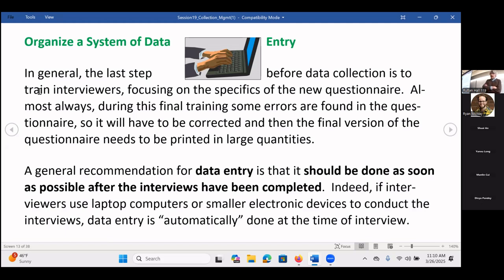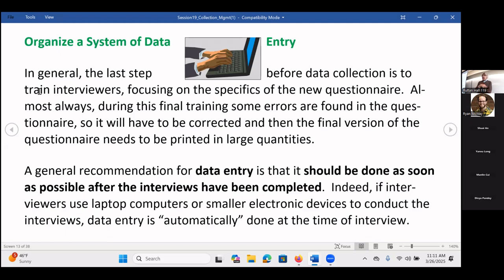Okay. If you're still doing it the old way, you want to check it as soon as possible. In fact, whether you have the old way or the new way, your data entry program would have checks that can happen automatically to catch contradictory data. If somebody says in the beginning there are 5 people in this household, and then later on you realize there are more than 5 people, then you have to go back and fix it.